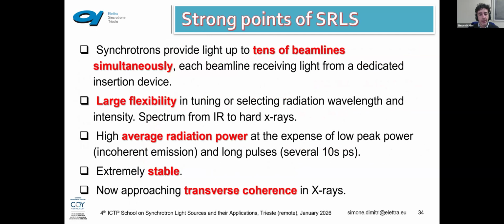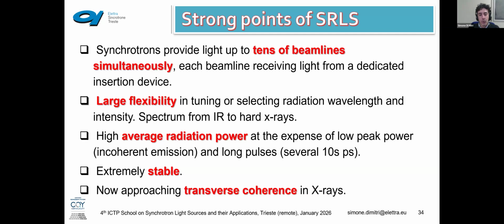The strong points of synchrotron light sources are not only limited to the quality of radiation, but also their capability of providing light simultaneously and continuously, basically over the year, to tens of beamlines simultaneously. So that means by virtue of the circular geometry, this light is emitted at every turning point along the circumference, at any dipole, at any undulator, all the time.